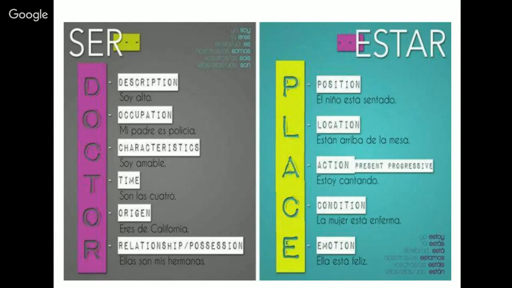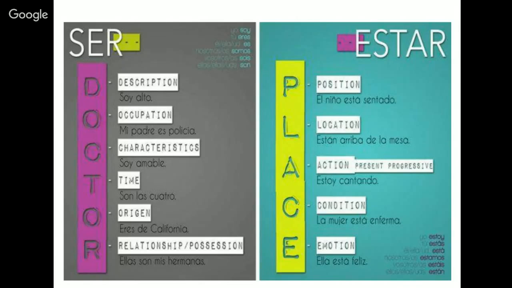Then we have action, which is the present progressive, such as estoy cantando. I am singing. I can use it with any progressive verb, like estoy viviendo o estoy hablando.